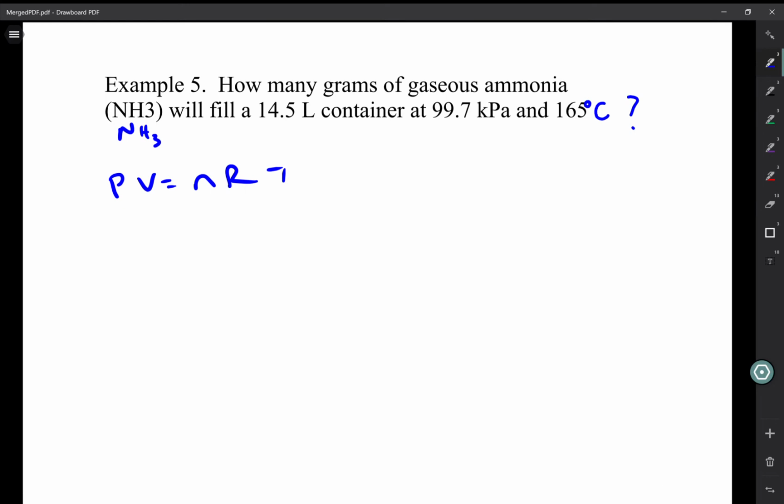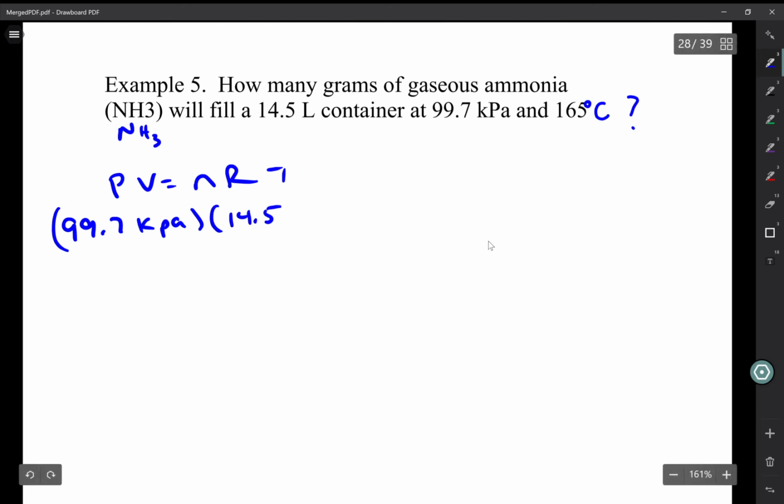Yeah, 99.7 kPa. We have our volume, yep, 14.5 liters. n, okay, well it says how many grams. So in order to get grams, we need to find the moles first. So n, moles, that's going to be our unknown.